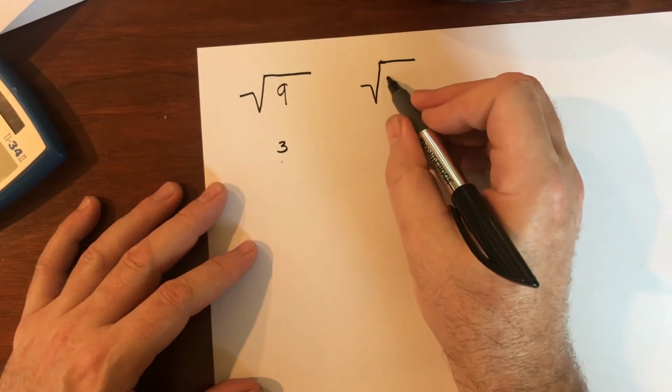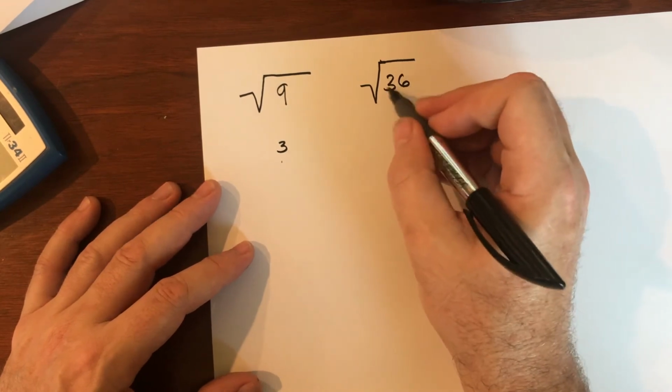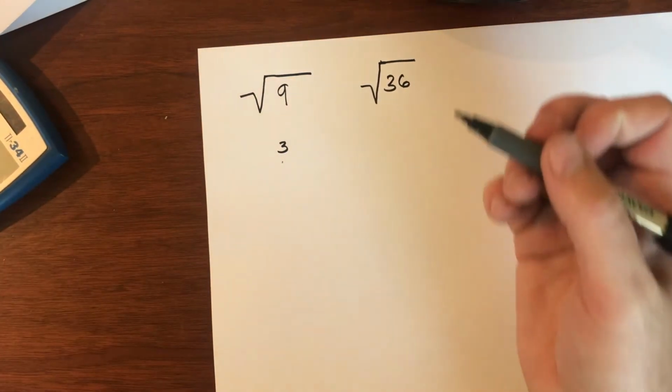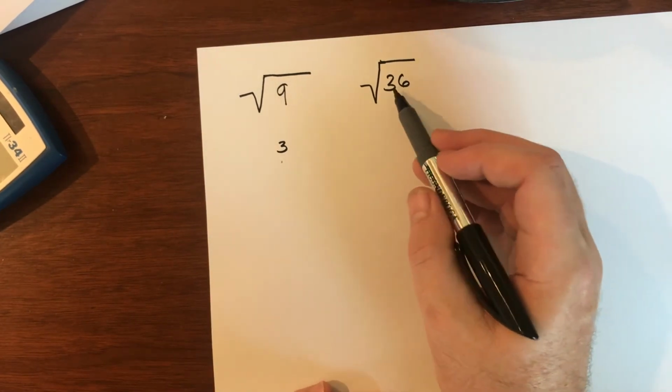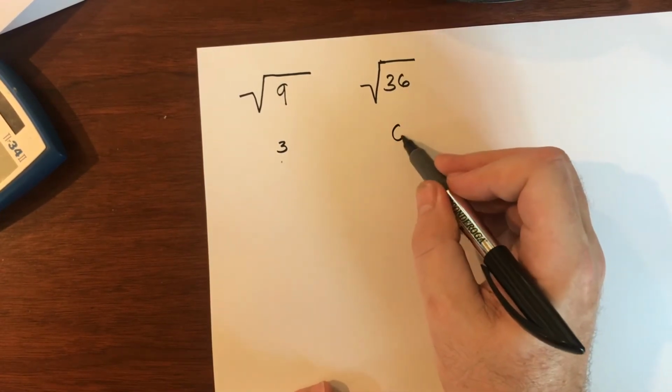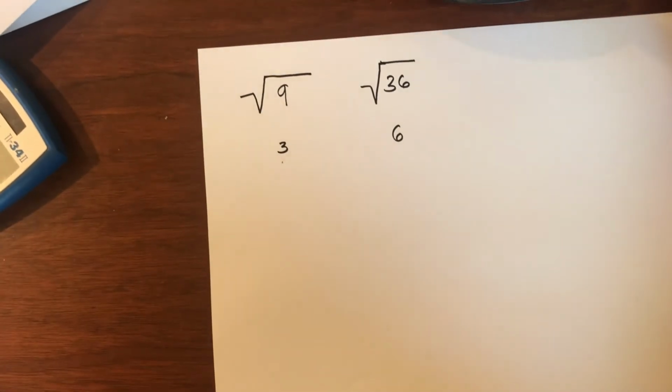And the square root of 36 would be what number times itself. Remember, it's always a whole number, unless I put a decimal. We'll talk about those in a second. 6 times 6 is 36, so the answer is 6. Now, here's the thing. Every square root actually has 2 answers. I'll say that again.